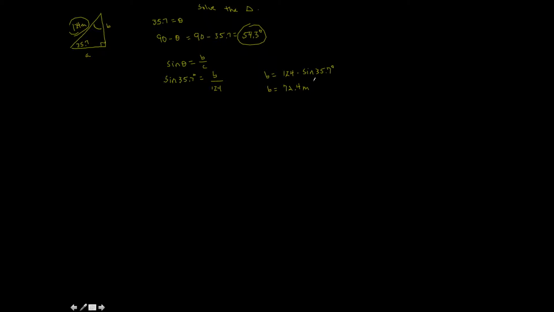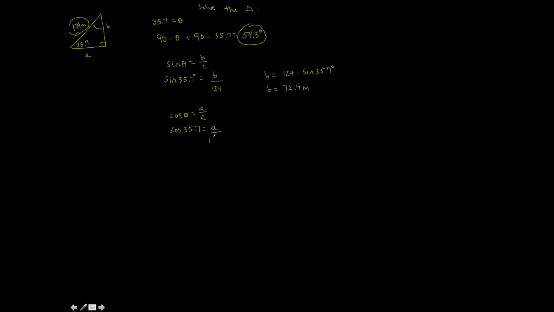Now, to solve for side A, I wouldn't use Pythagorean theorem. You can, but those numbers are very large. And so I would stay away from that if I were you. What I would do to solve for side A is I would do the cosine of theta equals A over C. So since I know 35.7, it was given to me, I would use the cosine of 35.7.